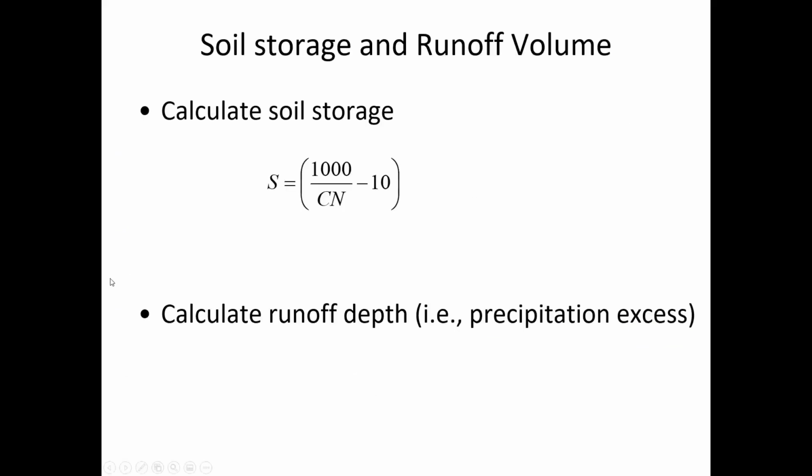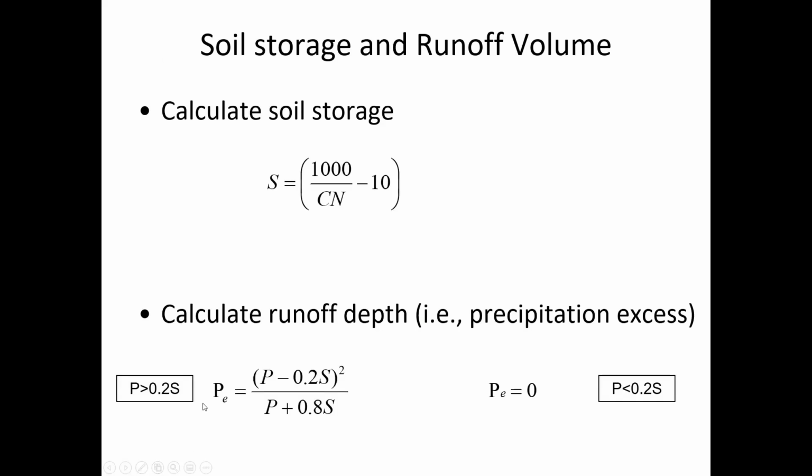And then the NRCS equation, like if someone said write the NRCS equation, it's this. It's the relationship between storage, precipitation, and precipitation excess. If the initial abstractions are satisfied, then this equation applies. But if the initial abstractions aren't satisfied, then there's no rainfall excess.